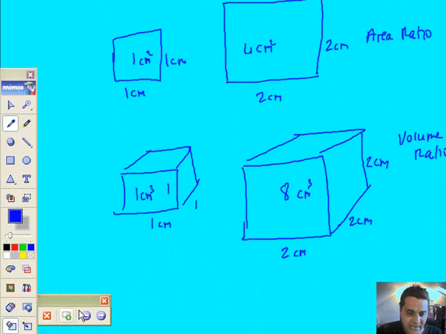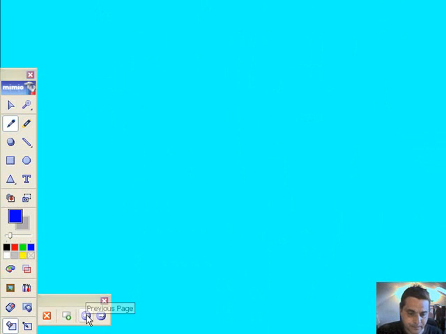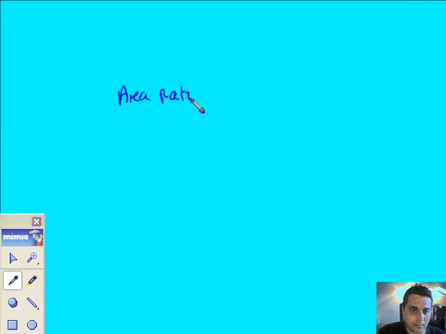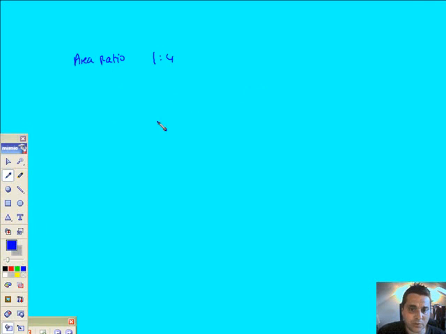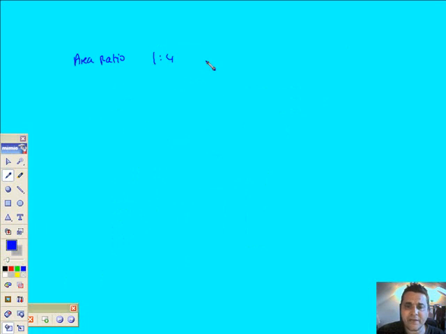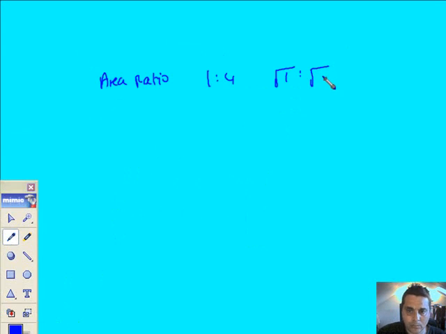Now let me just add another page, because I don't want to use some of my prepared questions. Look at this. If I've got an area ratio of 1 to 4, say, going back to this just here, then do you see that if I square root each side, I end up with 1 to 2.